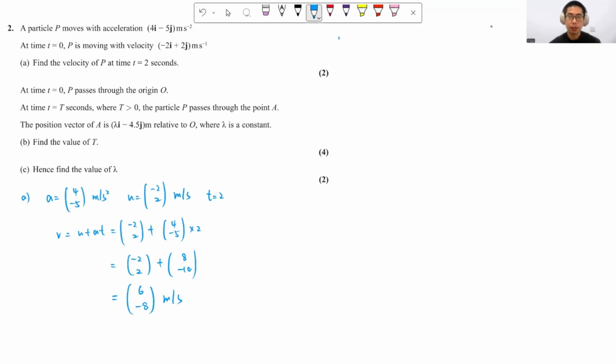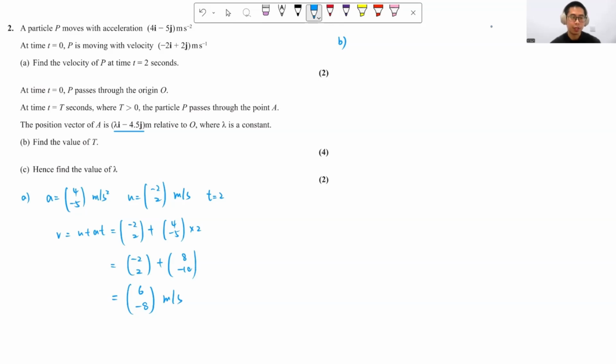And then part B. At time t equal to 0, P passes through the origin O, and at time t equal to capital T seconds, where T is more than 0, the particle P passes through the point A, and the position vector of A is (number)i minus 4.5j meter relative to origin O, where the number is a constant.